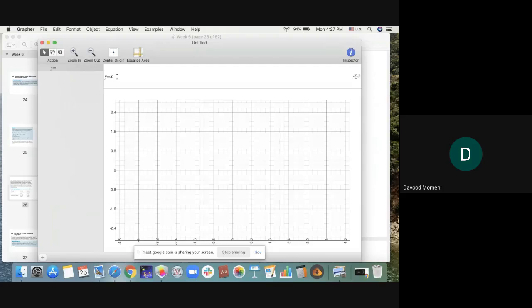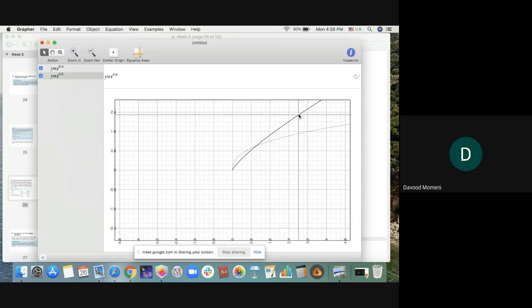The second equation, for example, is for high mass. This is the equation for high mass, and this is for low mass. You see, x is m.